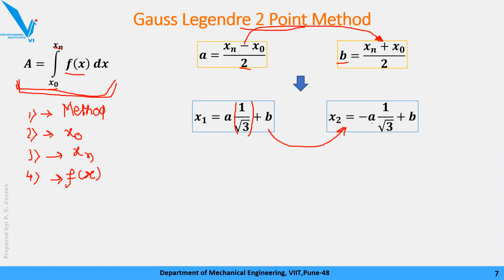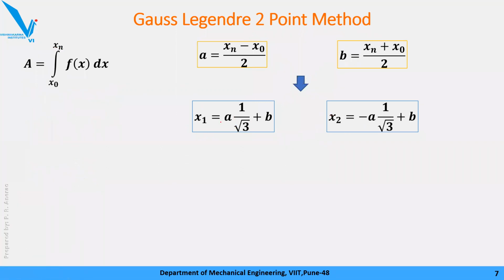So a has a weightage of minus 1/√3. Based on the previous step, where we calculated a and b, we will be able to calculate x1 and x2.